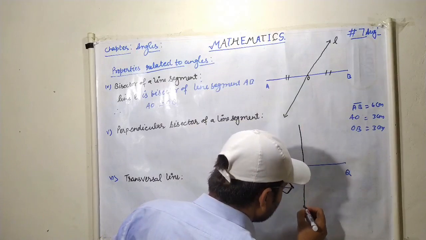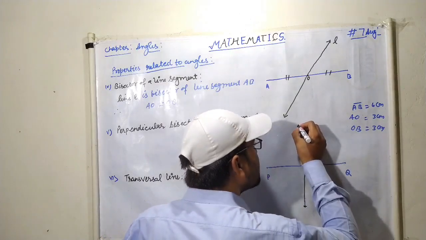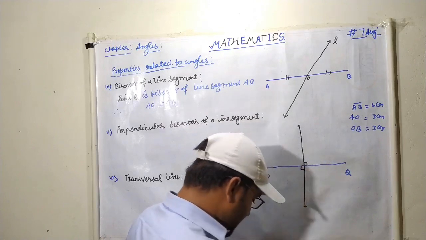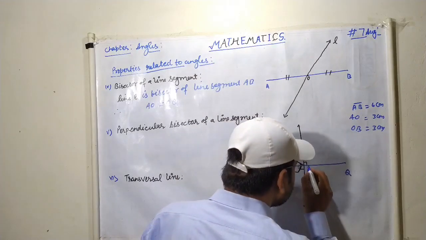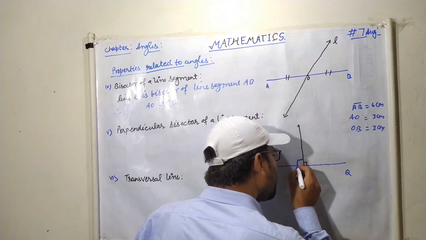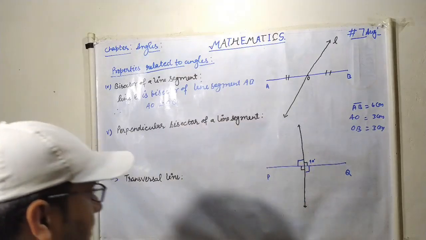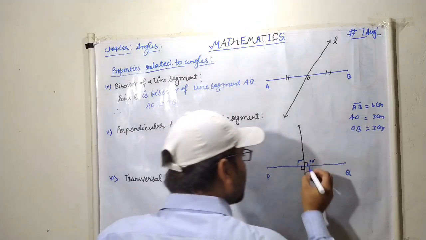It divides into two equal parts and it is perpendicular on it, which means it forms 90 degrees.